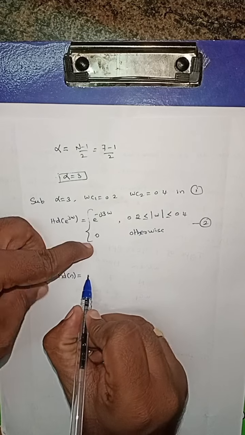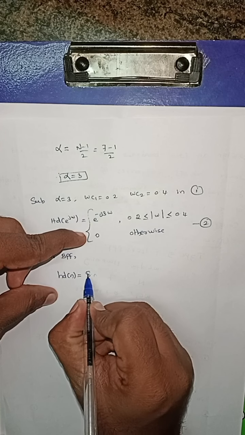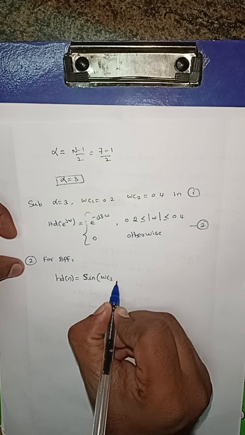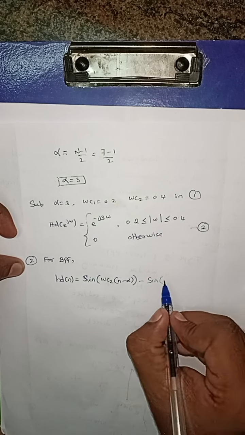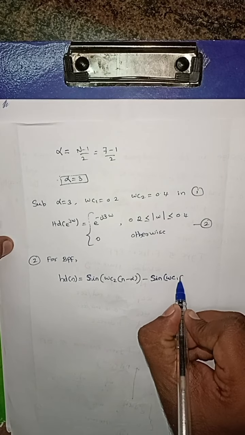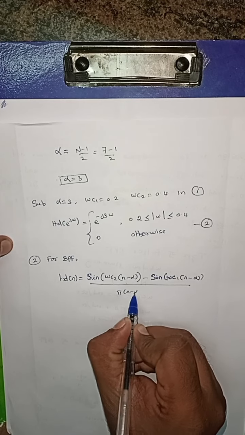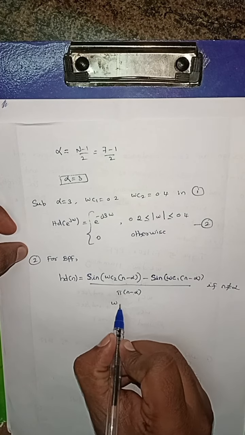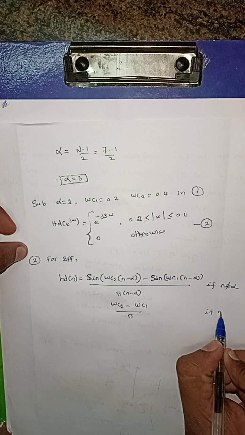So hd(n) equal to sine omega c2 of (n minus alpha) minus sine omega c1 of (n minus alpha), whole divided by pi of (n minus alpha) if n is not equal to alpha, and (omega c2 minus omega c1) by pi if n equal to alpha.